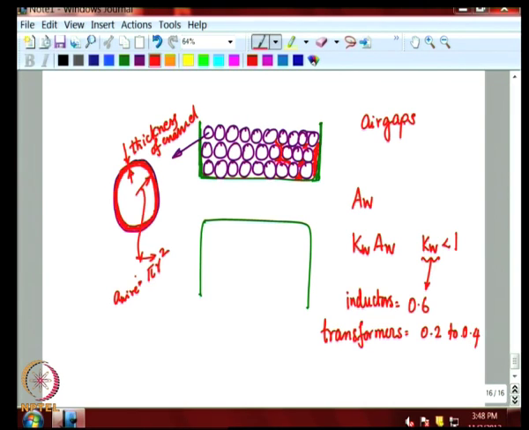It will be lesser, because when you talk of transformers, it is multiple windings. So, there will be a layer of insulation which also eats up into the same window area. So, what is actually available is KW AW.